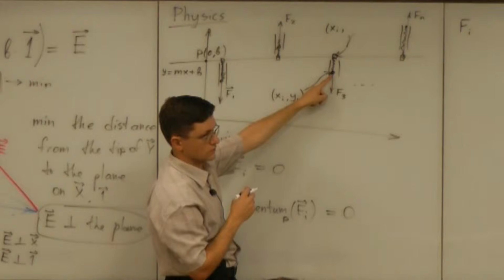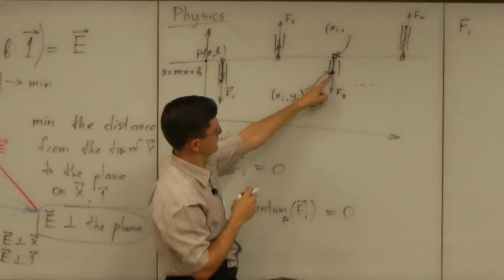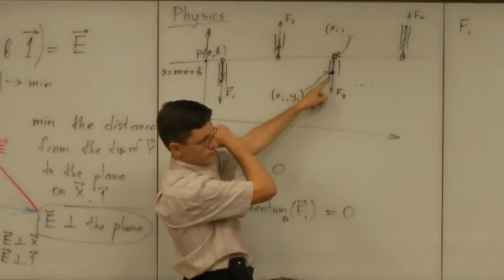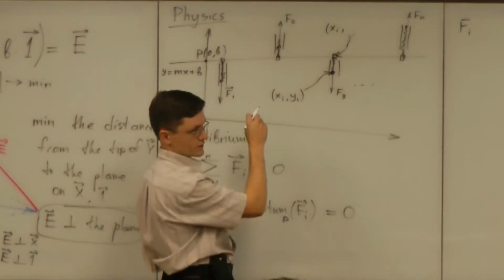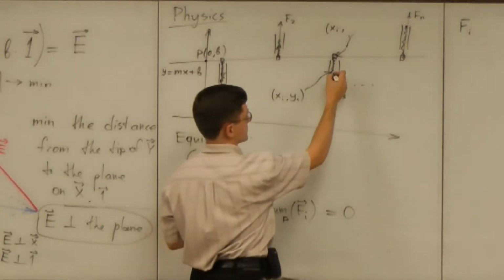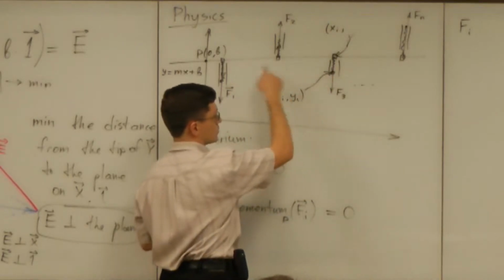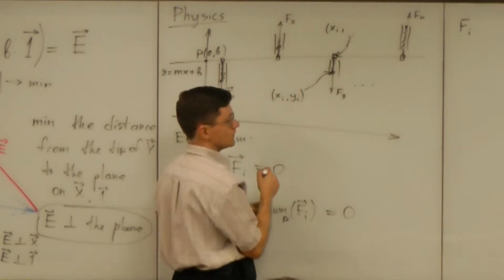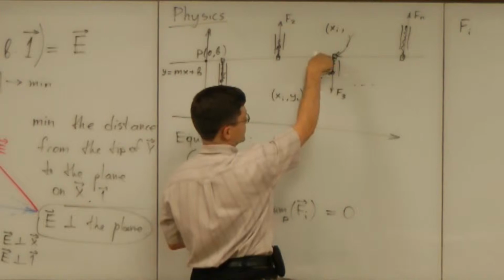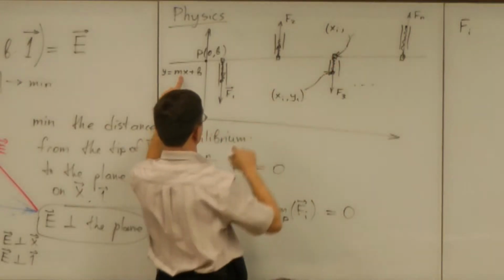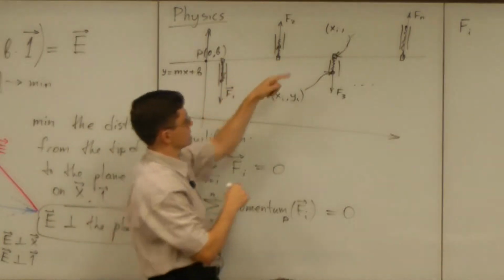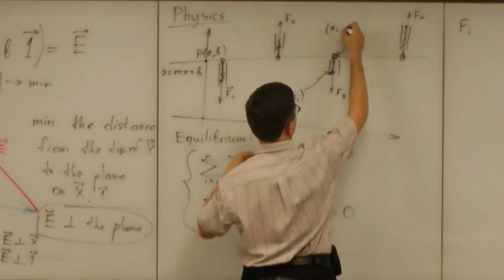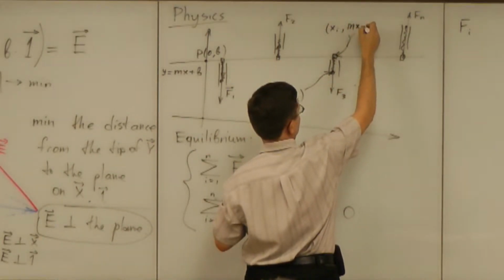This one is given by the data. The original points were xi, yi. So this is where my nails are, this is where I want the line to go through. And then this point on the line is determined by the equation of the line. So the coordinates there are xi and mxi plus b.